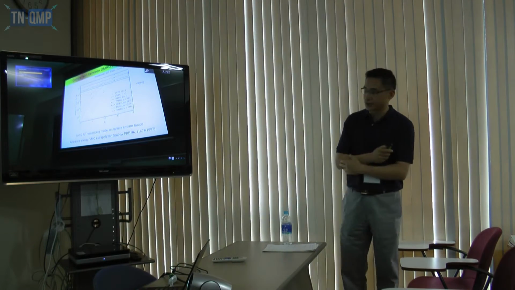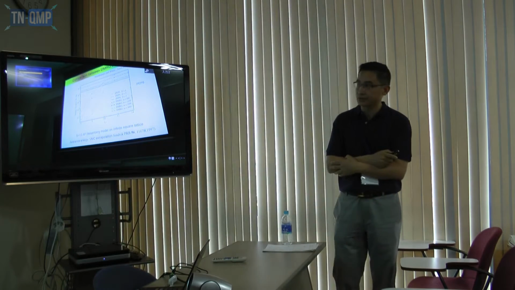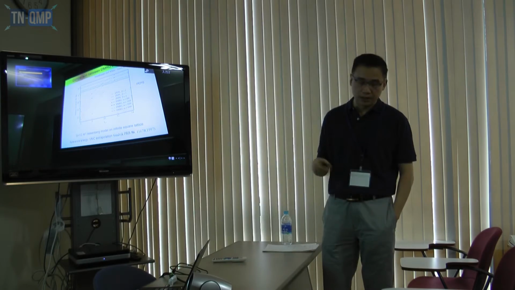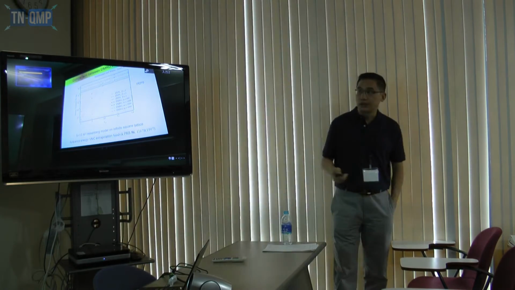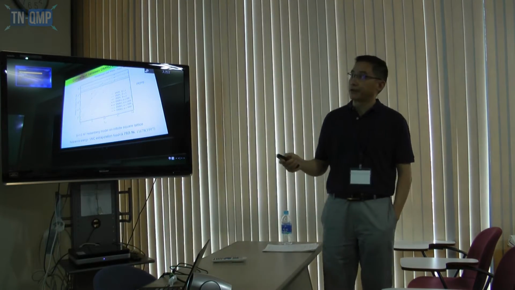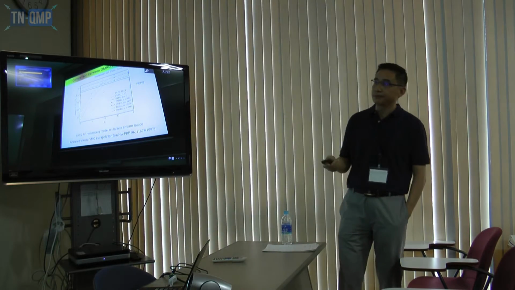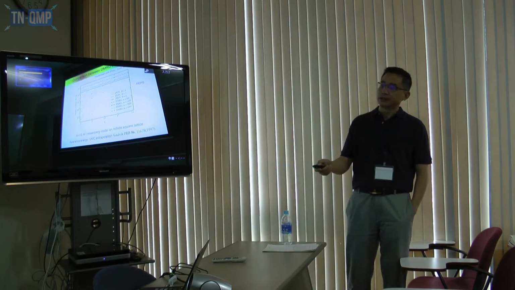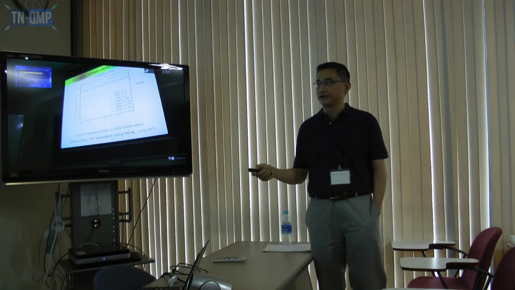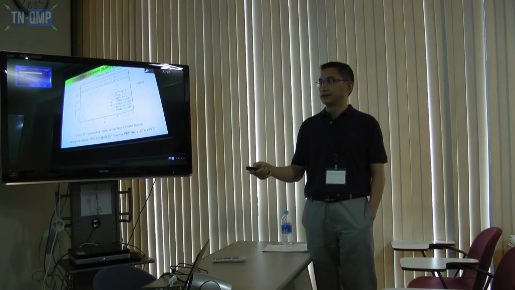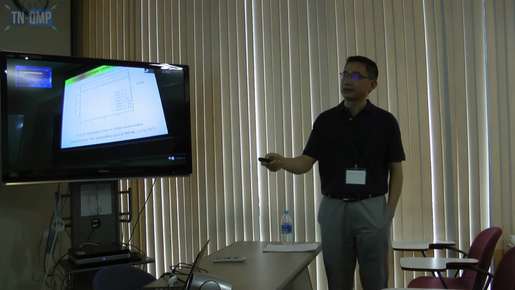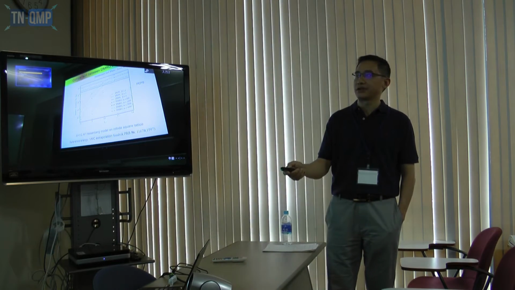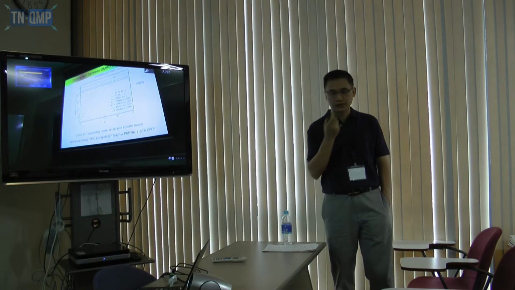Then before I go to talk about the coarse-grained tensor renormalization group method, let me make a comparison between the DMRG and the tensor RG approach. So DMRG, of course, works very well for small lattice systems. The accuracy is very high. If the system size, for example, is 6 by 6, then the precision is very high if we keep, for example, just 800 states here. The problem is that with the increasing of lattice size, the accuracy actually drops almost exponentially.